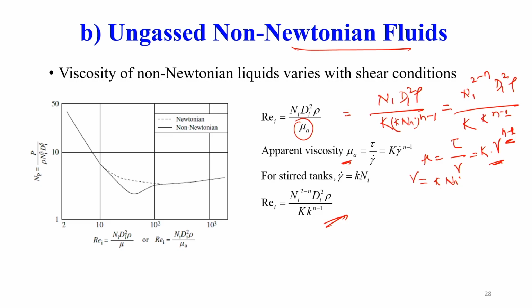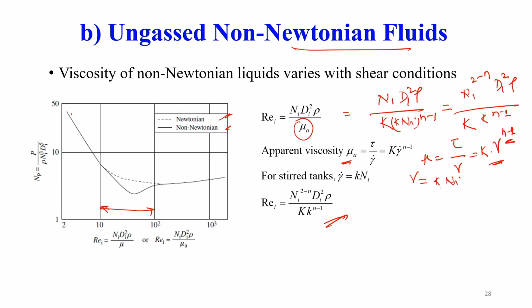Now further, it's very interesting to see that for the Newtonian and non-Newtonian fluid, the change is observed only in this range. If the Reynolds number varies between 10 to 100, then only you can see there is a different pattern for the non-Newtonian. Otherwise, in Reynolds number less than 10 or greater than 100, it is following the same pattern for Newtonian as well as non-Newtonian fluid.